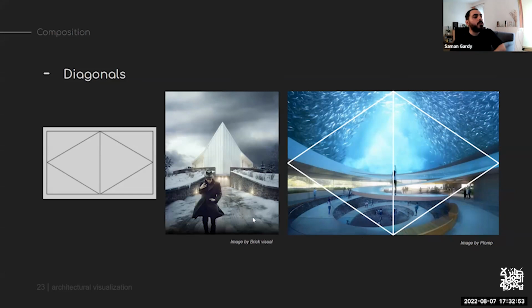Or you can use half of the shape if you have a specific shape of a building. As you can see from the left image, it's half of the rhombus or diamond shape, because the building itself has this triangular shape.